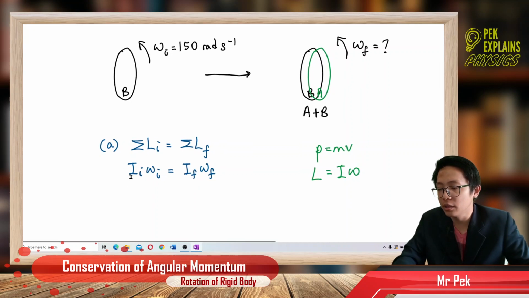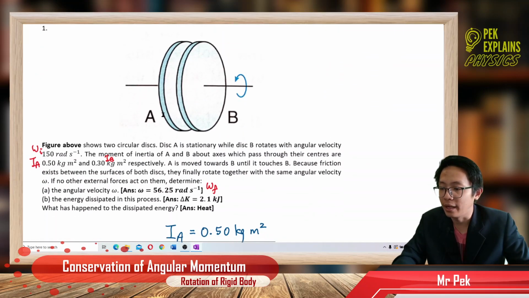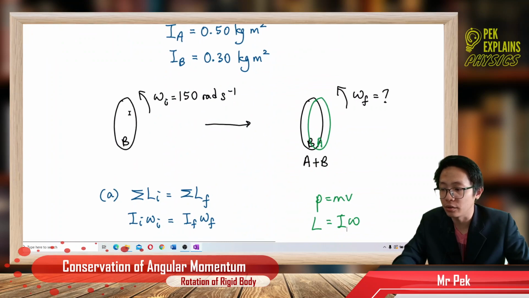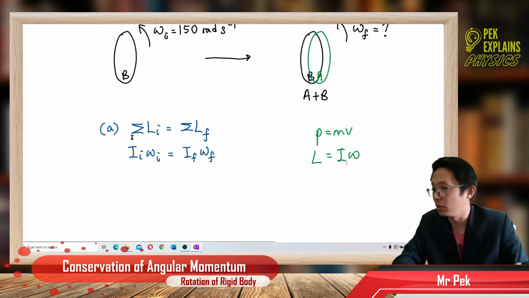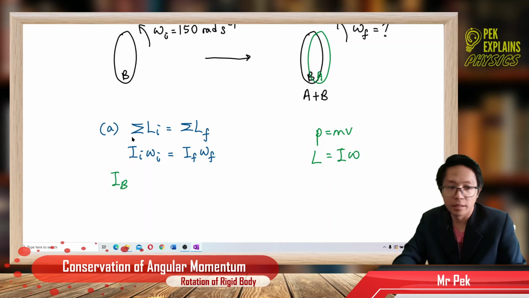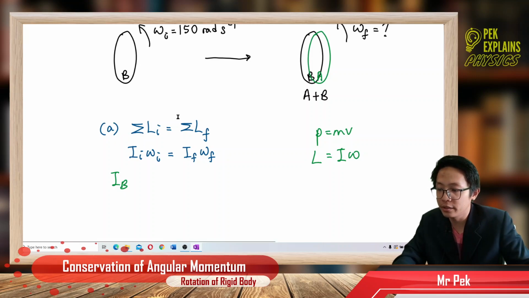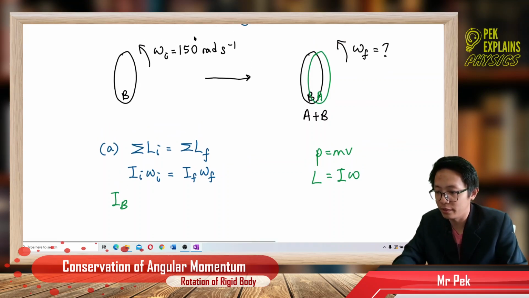Alright. Initially, what is rotating? Which disc has the momentum? A is not rotating. Initially it is only B. So I initial is IB, and omega initial is 150.